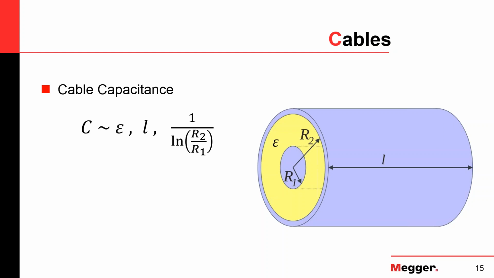For XLPE, this is typically 2.3 or 2.4. Of course, the length is important for the capacitance, and then also the capacitance is inversely proportional to the different radiuses that you can find there. So the outer to the inner. The inner would be the conductor, and the outer would be the actual thickness of the main insulation.